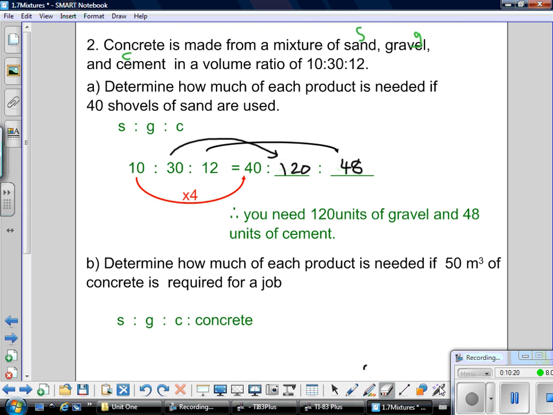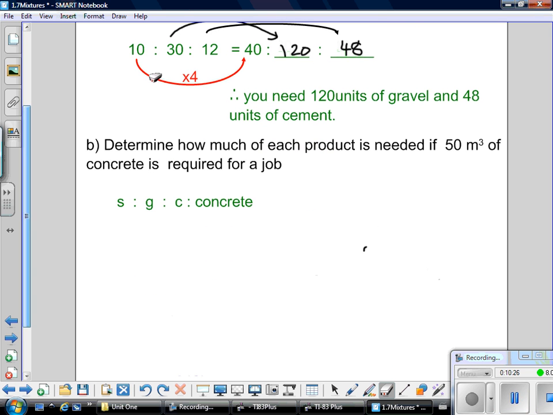So when I look at this question, I know that my sand is 10 parts. My gravel is 30 parts. My cement is 12 parts. So how much concrete does that make? Well, 10 plus 30 plus 12.